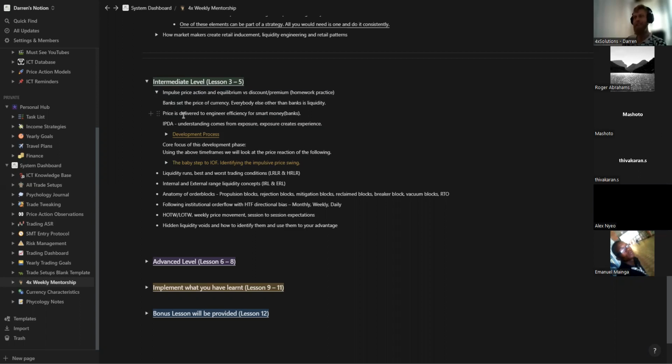Okay, so price is delivered to engineer efficiency for smart money. It's got nothing to do with retail traders. They are not the people they are targeting. Institutions target hedge fund traders because they are the ones with large hedge funds. They are the ones with more money.